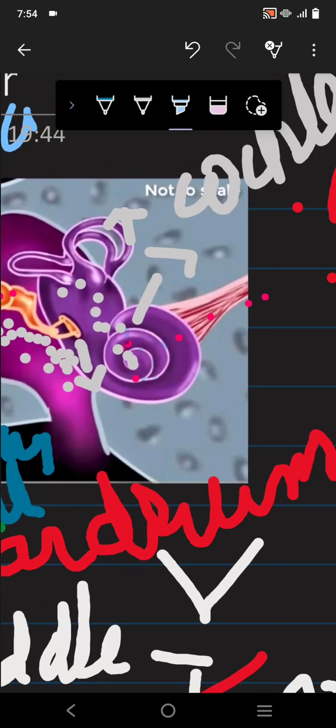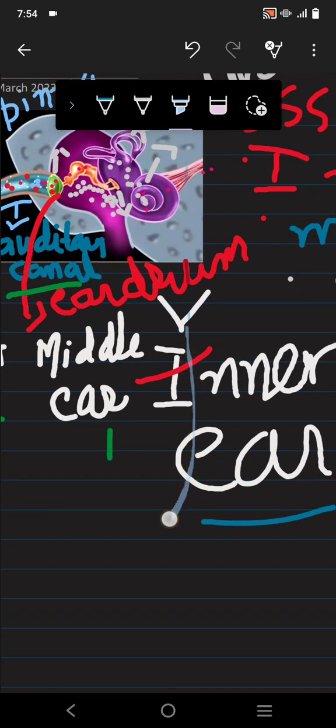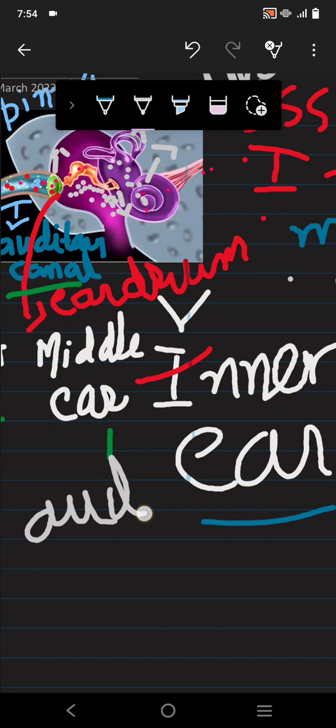Here these nerves are known as, I guess no, not optic, it is auditory nerves. Let me mark it. I'm writing over here: auditory.